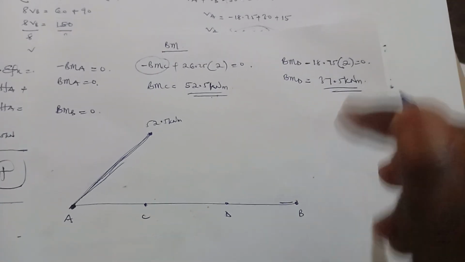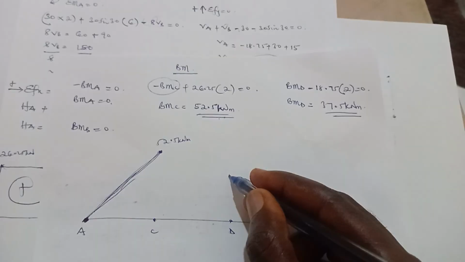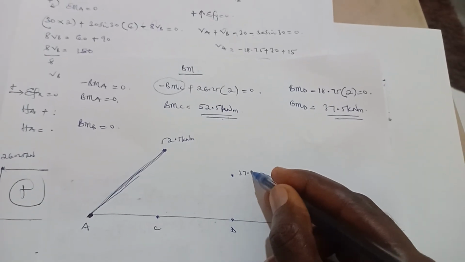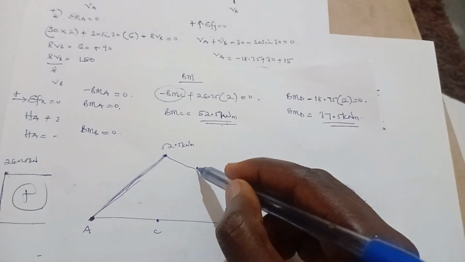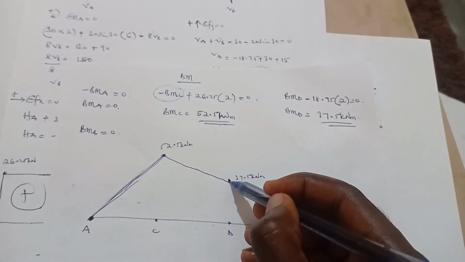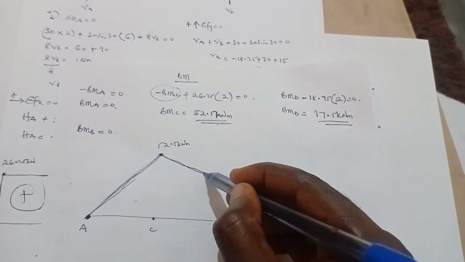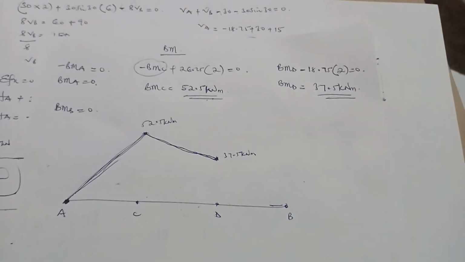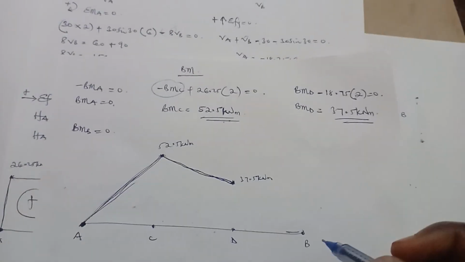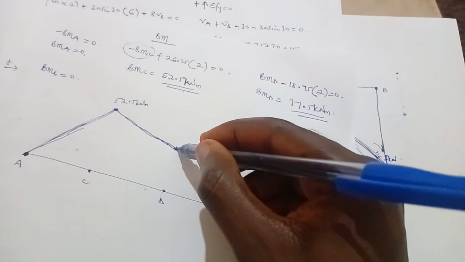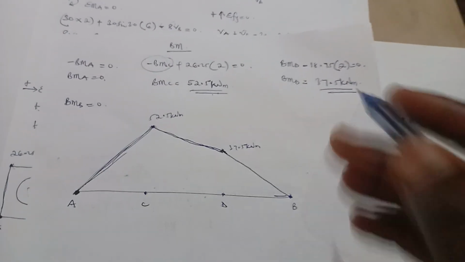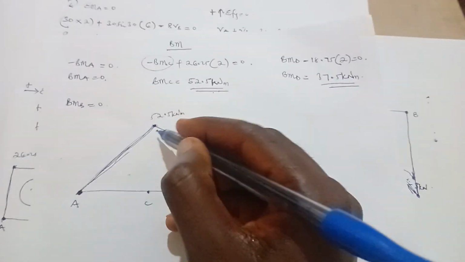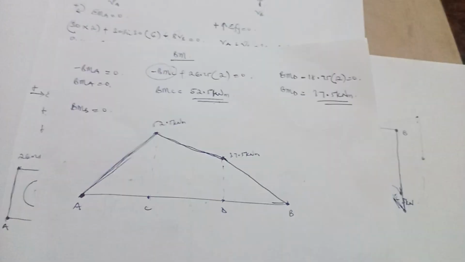Bending moment at D, 37.5. Connect this and this. Bending moment at B is 0. So we are going to move from here and come to 0. So this is the bending moment diagram and it's all positive.